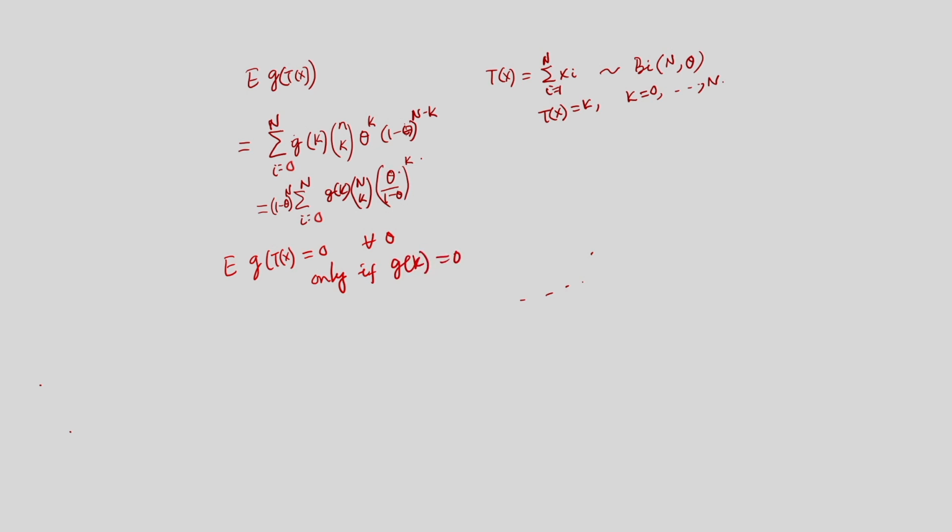Because this quantity is a polynomial, and a polynomial can be 0 only if its coefficients are 0, but this quantity is non-zero. So g(k) must be equal to 0, which implies that g of Tx is equal to 0 with probability 1.